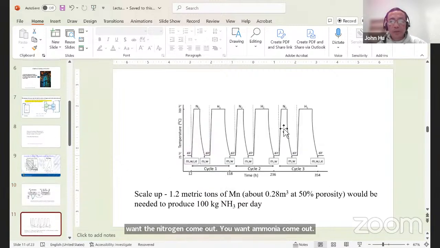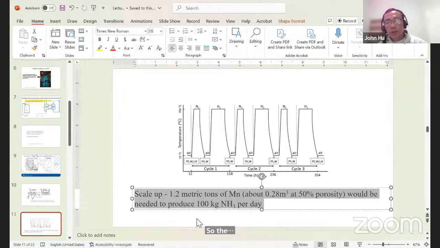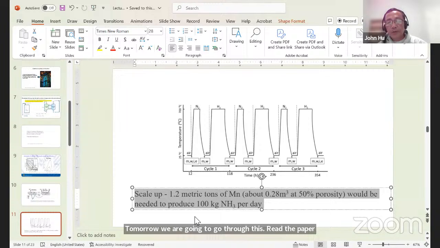This is shown in the paper, where several cycles can be done. I think this is going to be the homework. I want you to calculate, and tomorrow we are going to go through it. Read the paper and see if you can come up with the same calculation. The paper says that to scale up a reactor, if you produce 100 kg ammonia per day, you need 1.2 ton of manganese.